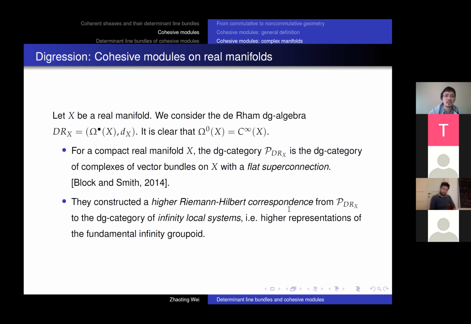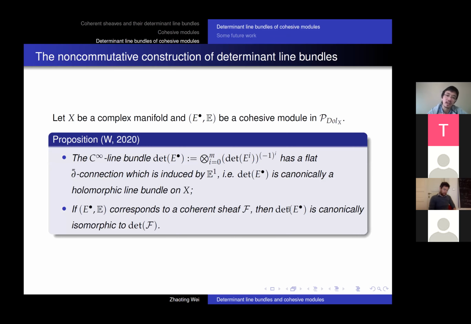The third part is how to use the idea of cohesive modules to study determinant line bundles. The result is, the construction of determinant line bundle is surprisingly easy in the framework of cohesive modules.